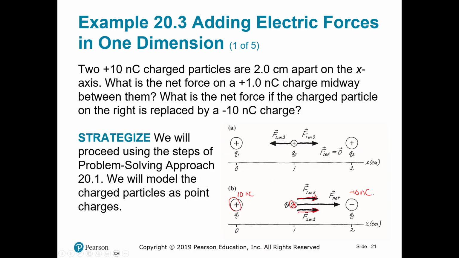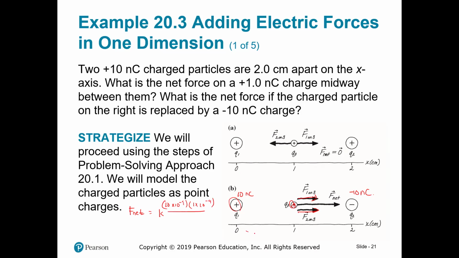So then you have to add these two forces, right? So your net force is going to be what? k times Q1, which is 10 times 10 to the minus 9, and then Q2 is 1 times 10 to the minus 9 coulomb.